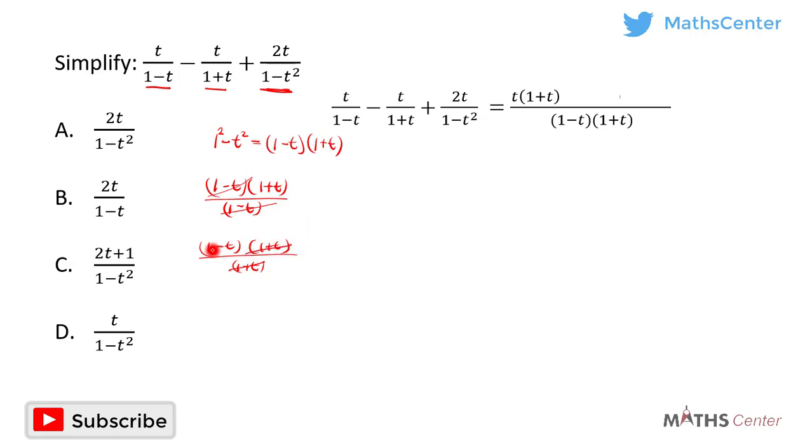We will be left with 1 minus t. We will multiply negative t by 1 minus t. So we have negative t times 1 minus t. Once again, 1 minus t is also a binomial. It has two terms, so we will put it in a bracket. And so you will have negative t times 1 minus t.